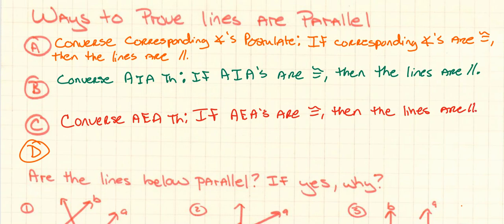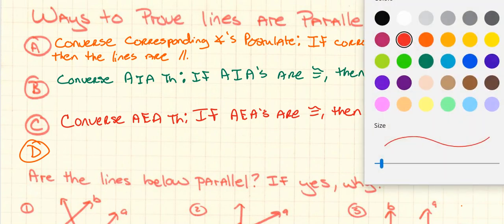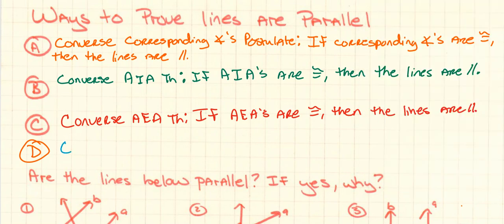And the last one is going to be converse. Same, let me use a different color here. Converse. This one's going to be same side interior angle theorem. And for that one, this is the only one that's a little bit different, because the same side interiors are the only ones that are not congruent.